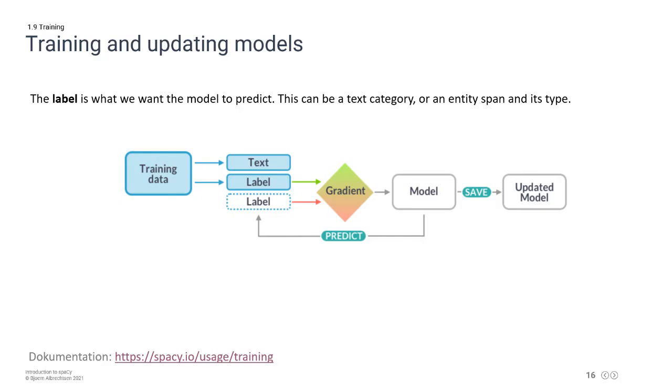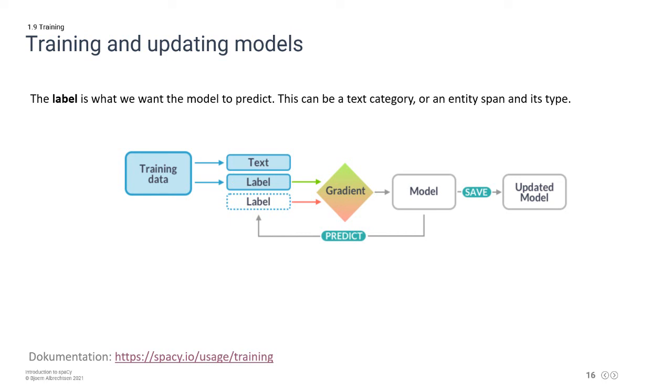spaCy does not only allow us to use the pre-trained models, but to actually train our own model. So we can actually leverage spaCy's neural network models and use them on our training data. So you could ask yourself, why should we do this? We can just rely on the pre-trained models. Well, statistical models make predictions based on the examples they were trained on.